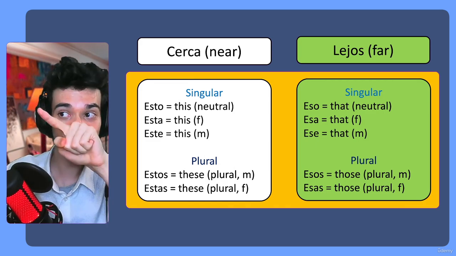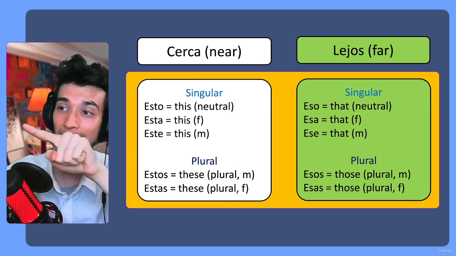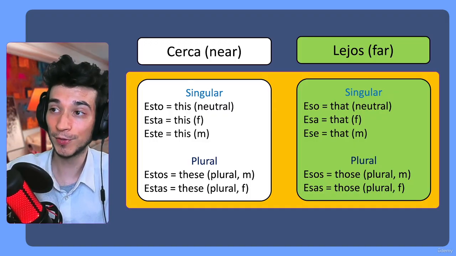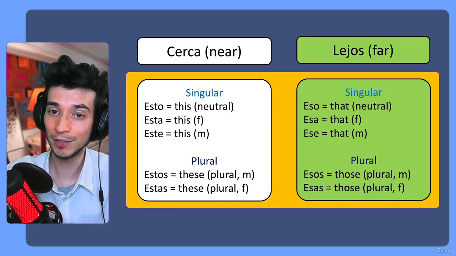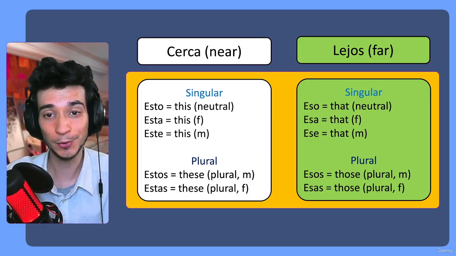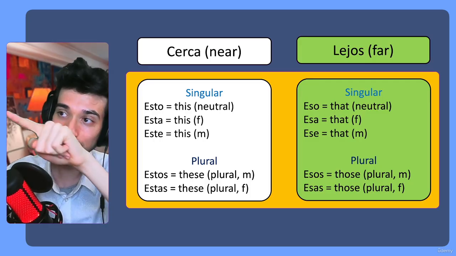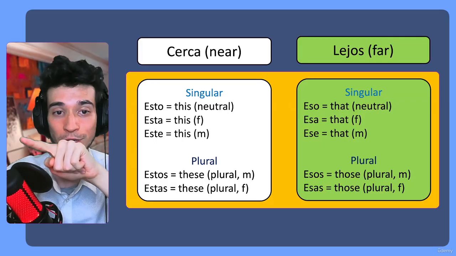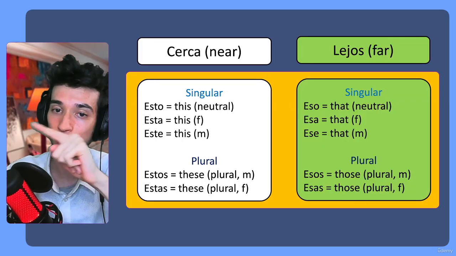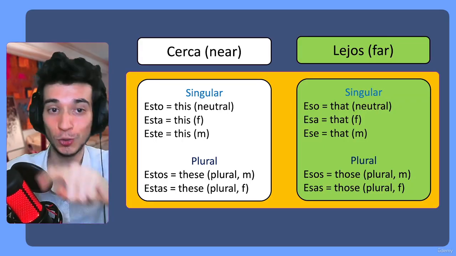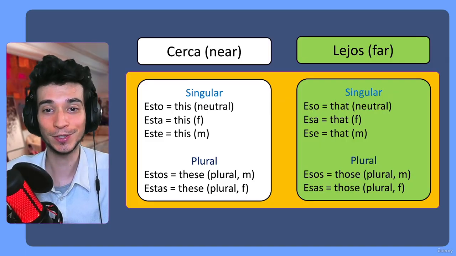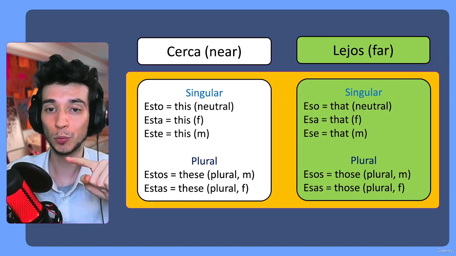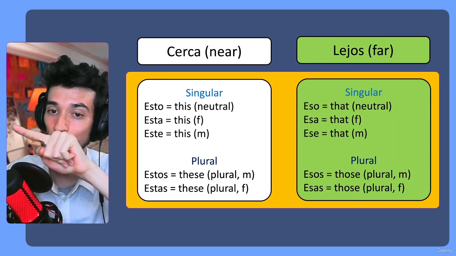Then you have ese, that one, masculine. And if it's plural, you change from estos to esos. Those, plural, masculine, or mixed, or neutral. If you don't know the gender, also esos. Esos, those over there. And if you're referring to something and they're all female, you would say esas, those but female.